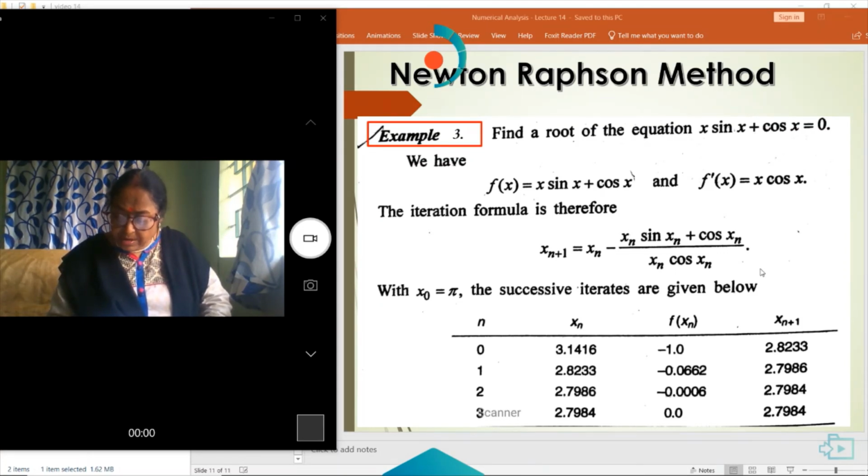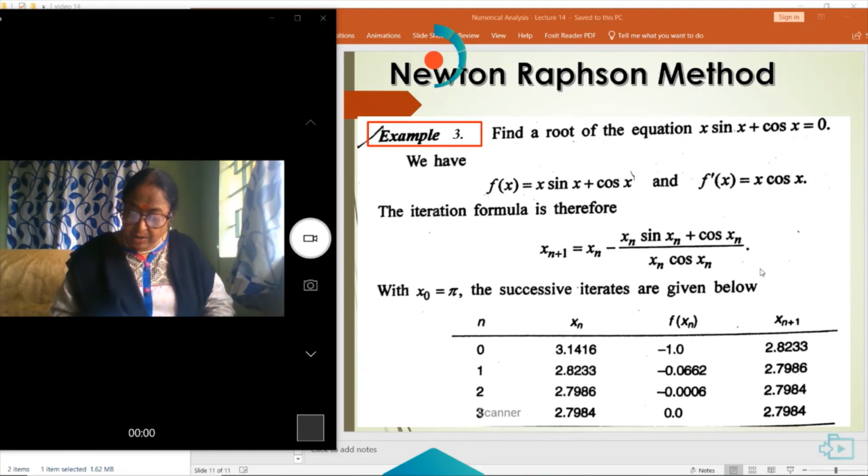Then for 2.7986, when fxn is calculated, we get minus 0.0006, and xn plus 1 is 2.7984. Then for 2.7984, when fxn is calculated, it gives 0.